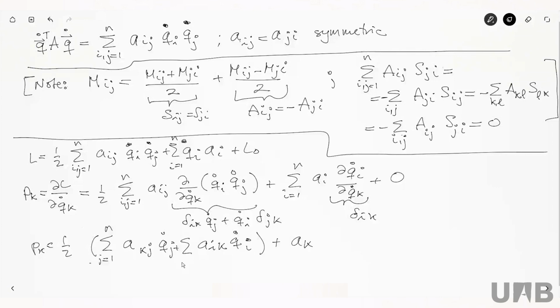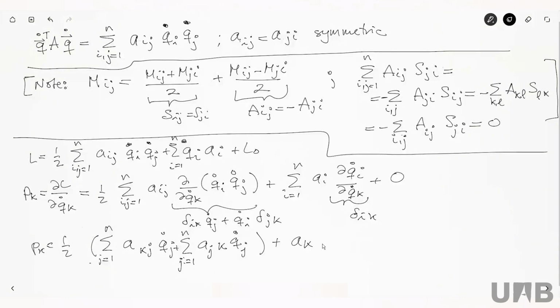So this is just the sum over i from 1 to n. Okay? Now, let us look at this second sum here. The i index is again a dummy index. So that means that I can replace it with any letter I want. So I'm going to write j. So the i is going to become j. So I put a j, j, and j.